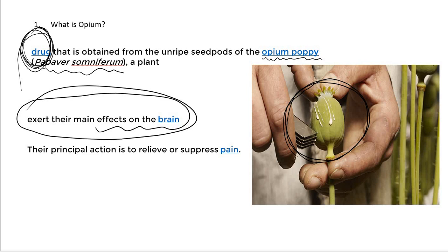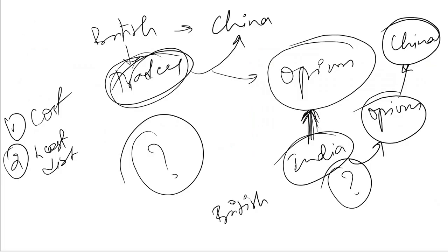But I don't know what it actually is, whether they took it just for relief from the pain, or just for the sake of passion. But the British traders were illegally exporting the drugs to the Chinese people, and those people were getting addicted to that. So China wanted to stop it, and they stopped it.